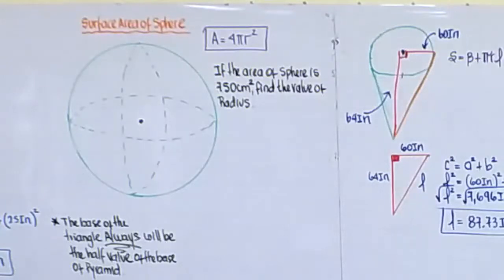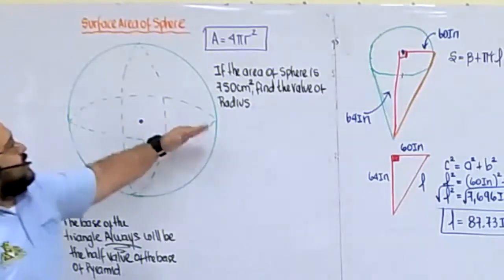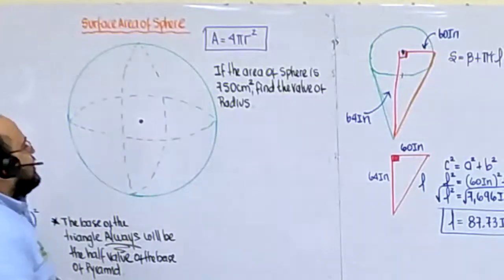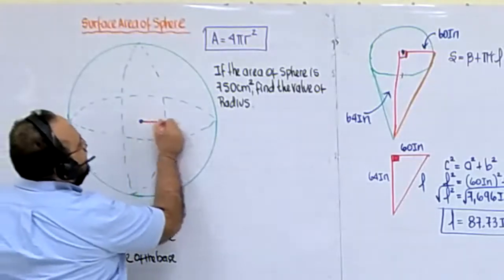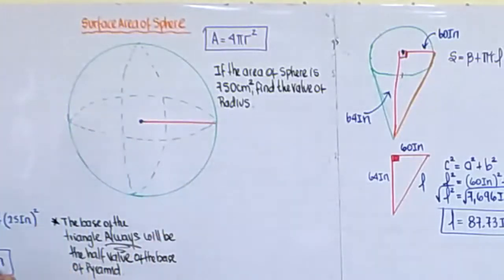I mean, the radius could be horizontal, vertical, slant. It doesn't matter. Remember, the definition of radius is the distance between the center to any point of the circle.